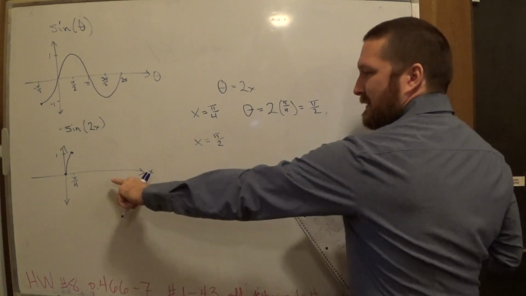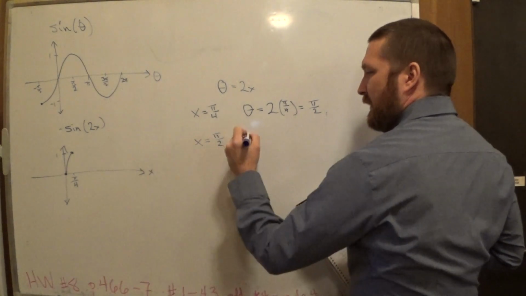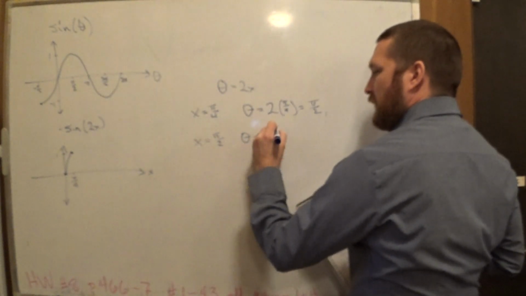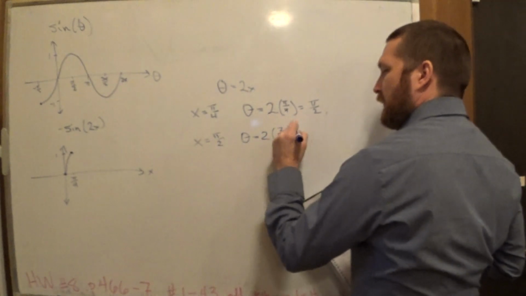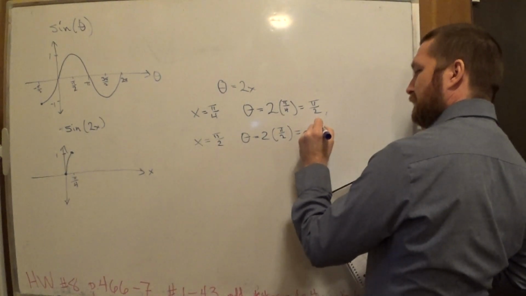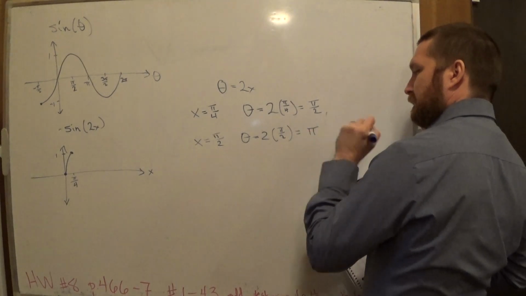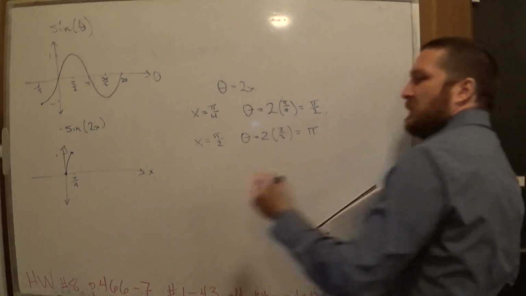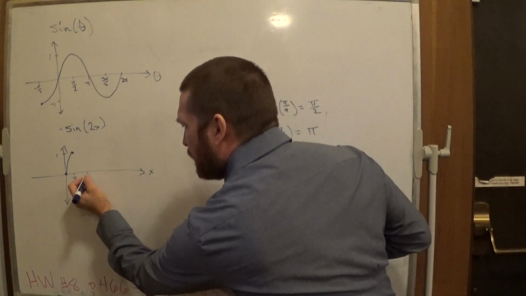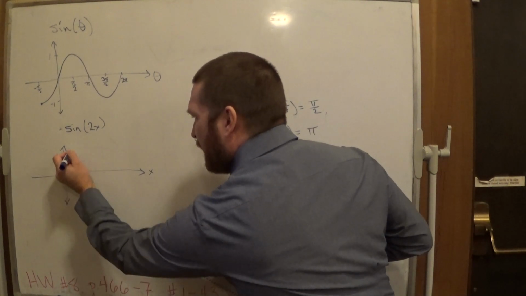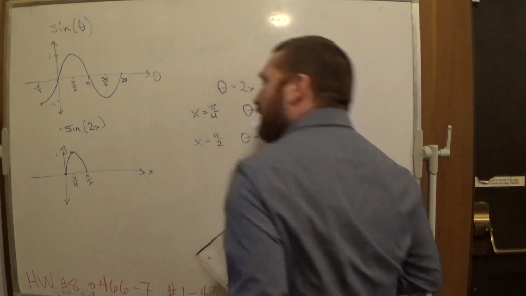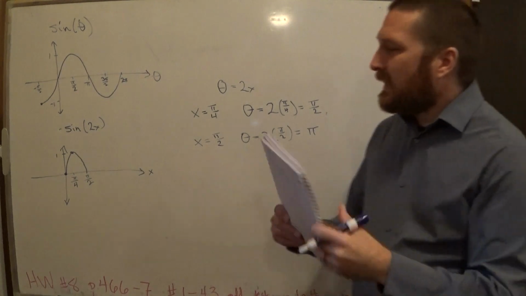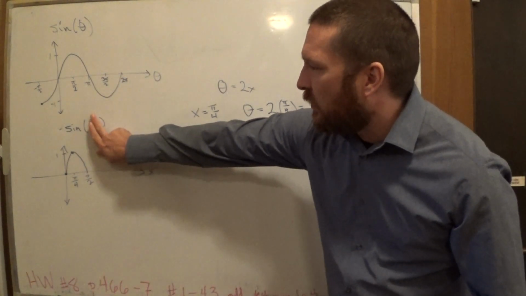When x is equal to pi over 2, theta is equal to 2 times pi over 2, which is what? Pi. Yeah. Pi. And so by the time we get to pi over 2, this guy has already come back down. One way of thinking about this is, sine doesn't care about what's going on in there.